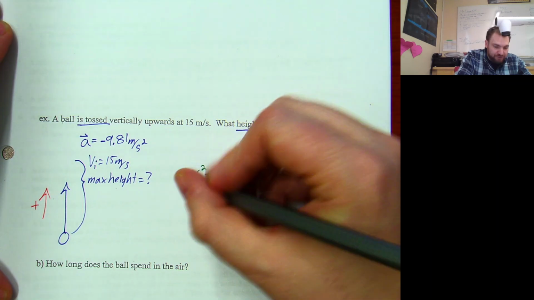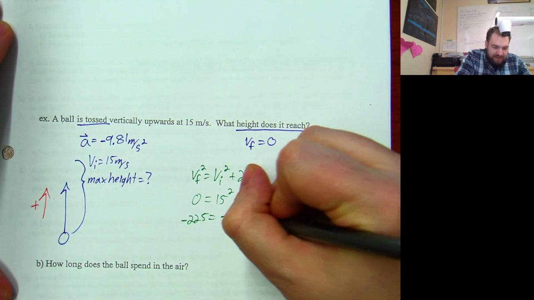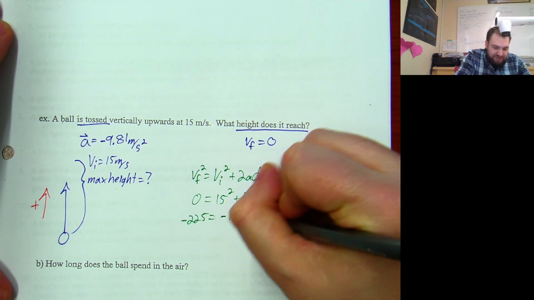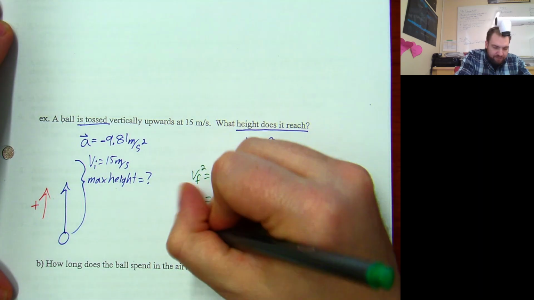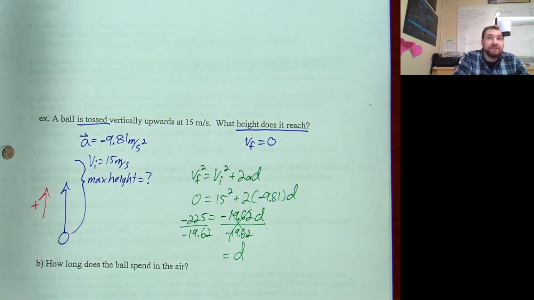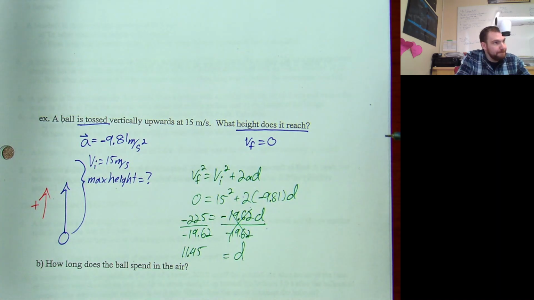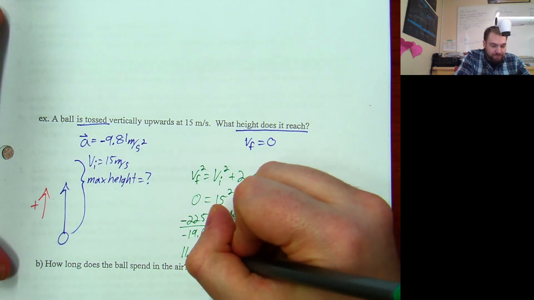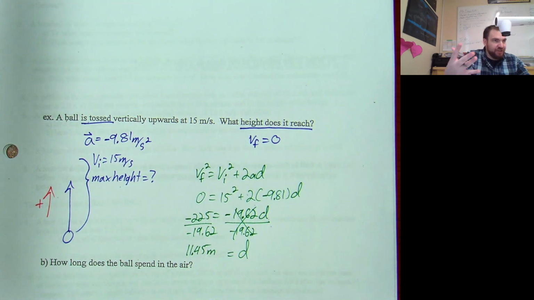And I'm going to subtract it over, so I'm going to get negative 225 equals 2 times negative 9.81, which is negative 19.62, times D. Divide both sides by negative 19.62, and I'm going to get my displacement is equal to what? 11.45 what? Meters. And I said up was positive, and my final result is positive, which means my object is actually going up, so that's great.